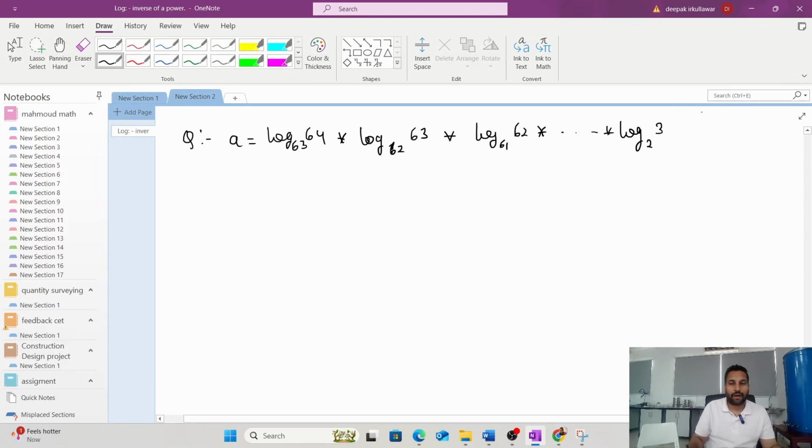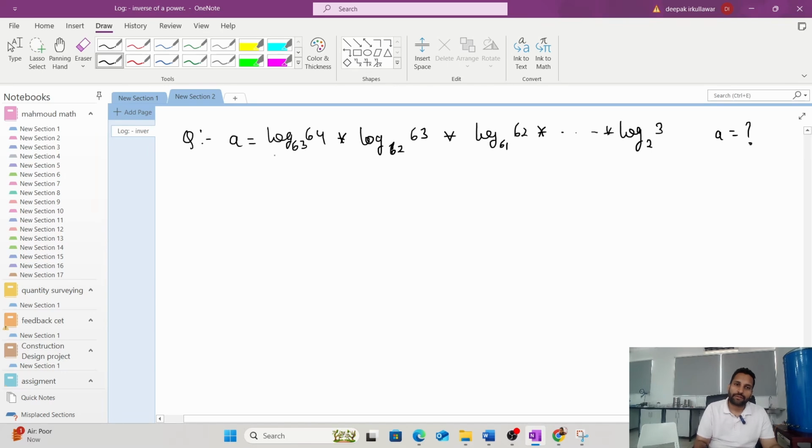If they ask you to find the value of a, how will you do this? I will use the change of base formula. I will keep base 10. Something like this can be solved by using change of base.